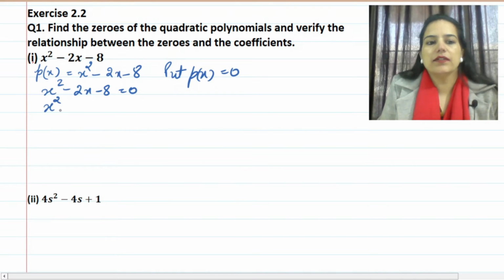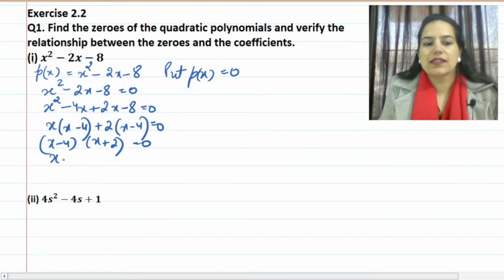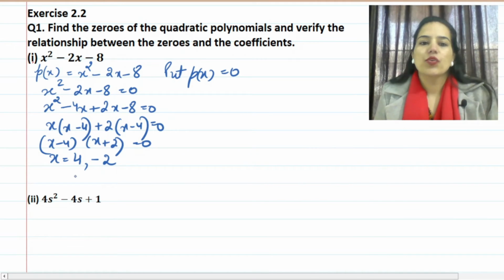Middle term splitting, I think 4 and 2 will work. It will be x square minus 4x plus 2x minus 8 equal to 0. x common, x minus 4, 2 common, x minus 4 equal to 0, and x minus 4 common, x plus 2 equals to 0, and x comes out to be 4 and minus 2.